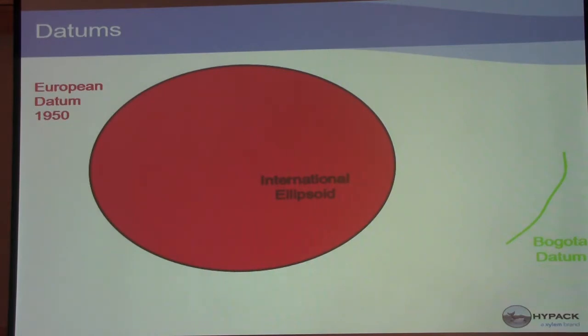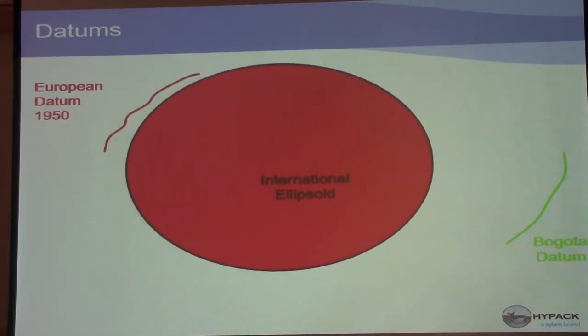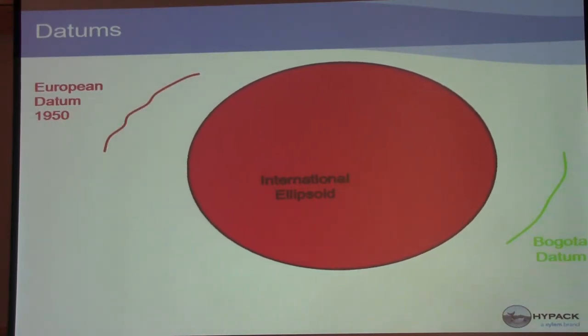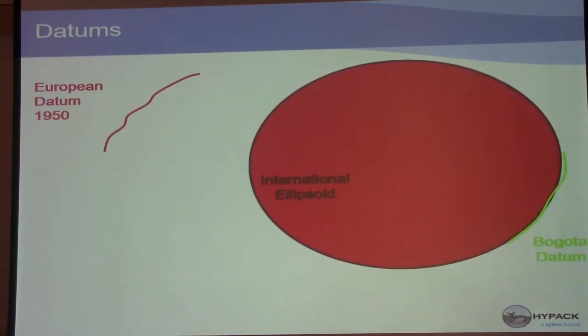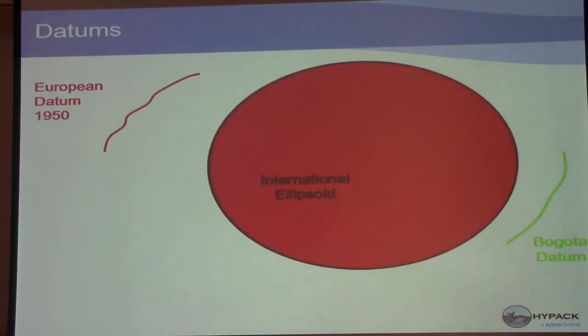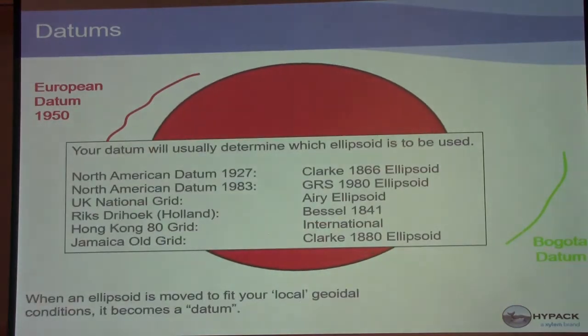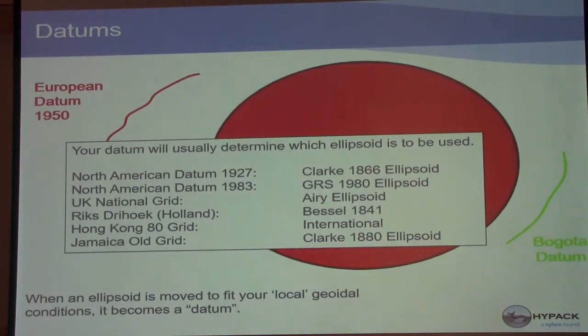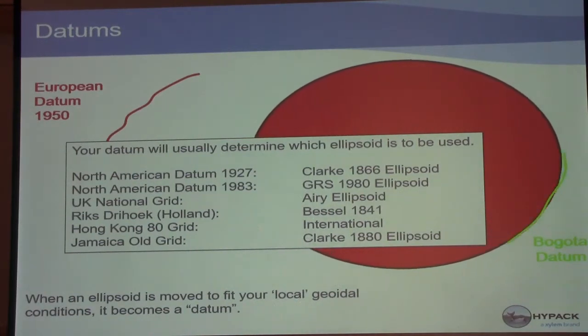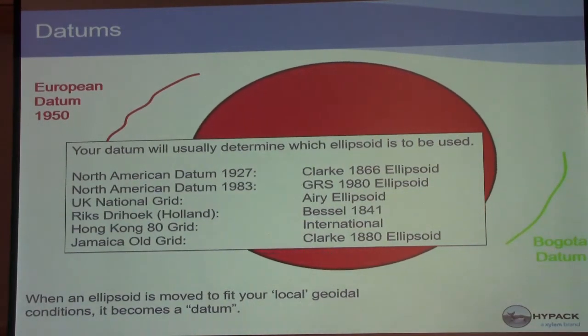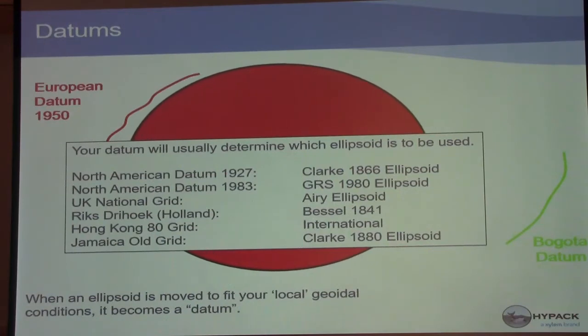To complicate things even more, you can shift the ellipsoid based on where you're located, and when you shift that ellipsoid, you're going to have a different datum. Here are just some examples: NAD27, NAD83, UK National Grid, the Holland Grid, Hong Kong, and so on.